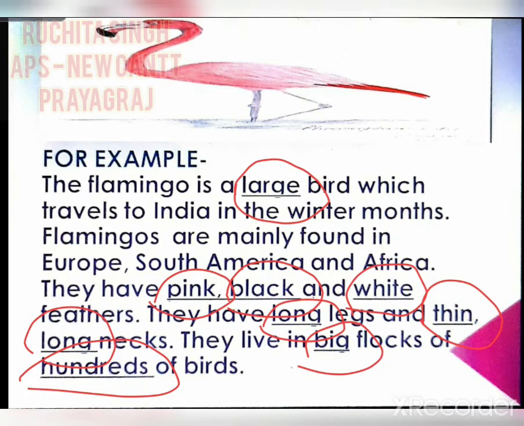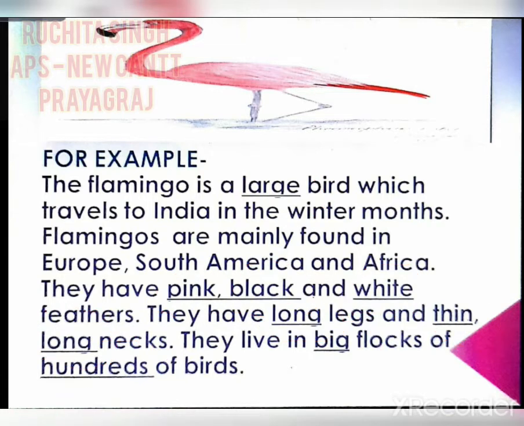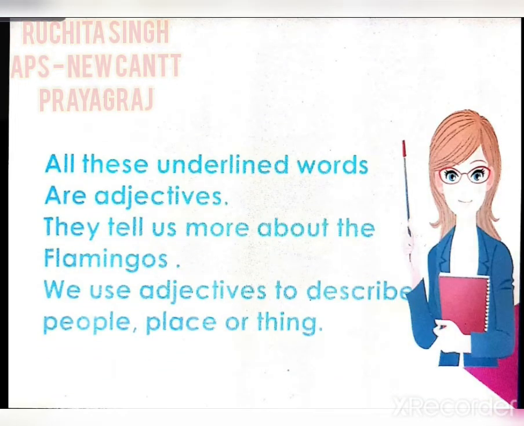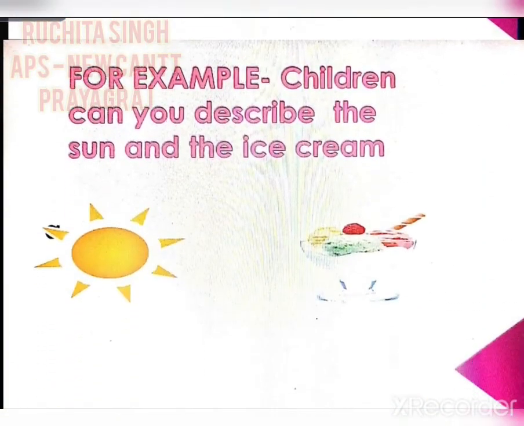So children, as you can see in the picture, the words used to describe a bird are known as describing words. Then moving further, all these underlined words are known as adjectives. They tell us more about the flamingo bird. We use adjectives to describe people, place or thing.